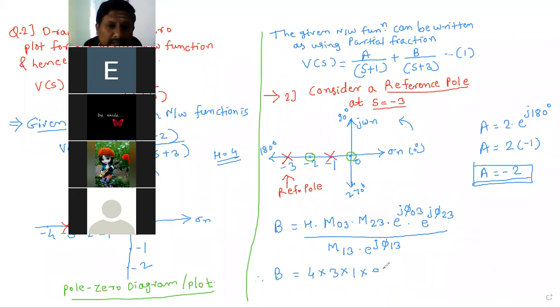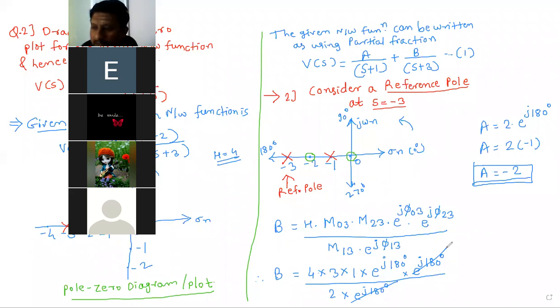Into e raised to j 0 to 3, how much will it be? 180 degree. 180 degree into e raised to j 2 to 3, 180 degree, divided by M1 to 3, how much will it be? 2. Next 1 to 3 angle e raised to j 180. Okay, yes, so this and this will get cancelled now.